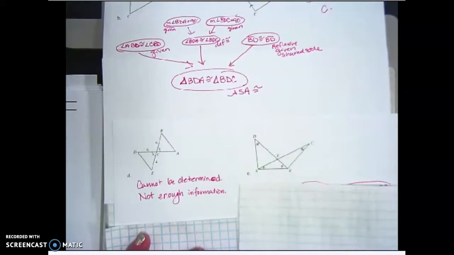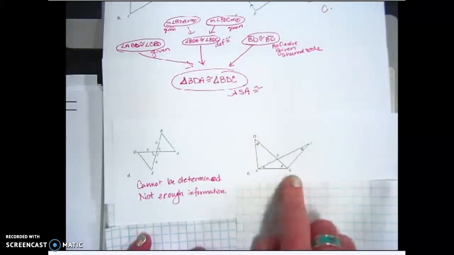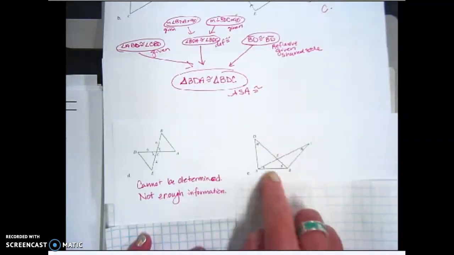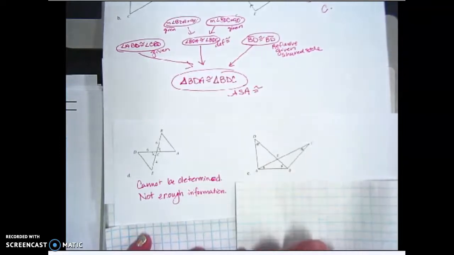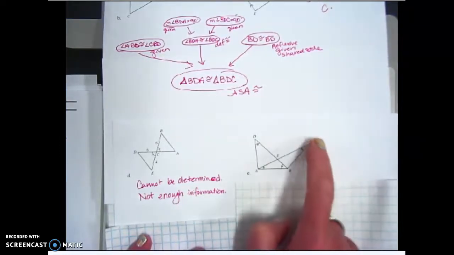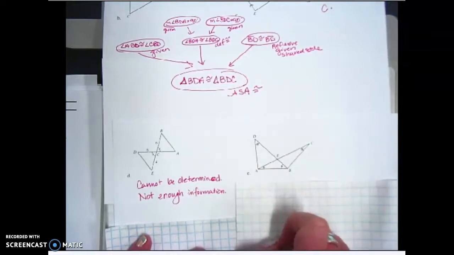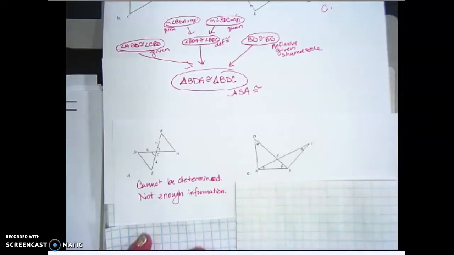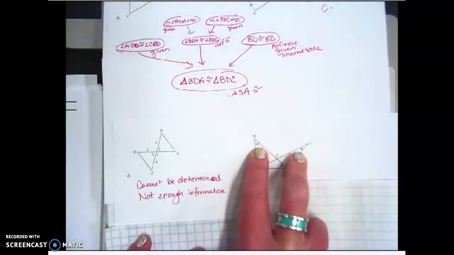All right. Part E. We've got two triangles. I'm going to refer to the left triangle as DAB, and to the right triangle as CBA. I'm going to look for congruence marks. I've got a double tick here and a double tick here.